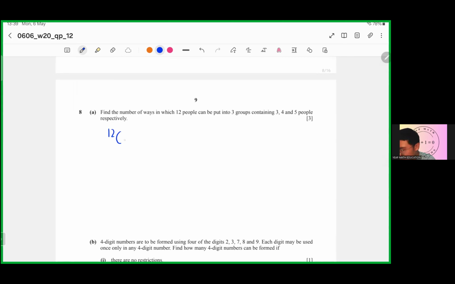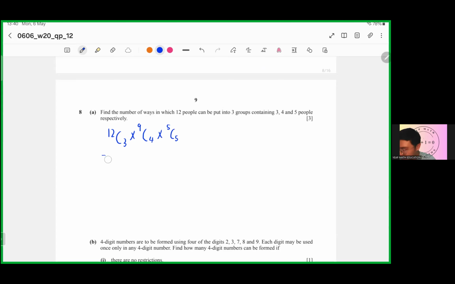Just choose 3. Then we do not take 12 again, because you already put some in the first group, so you just take 9, because only 9 people are left. So from 9 people, we randomly choose 4 people, and then multiply. 4 people are already put in one group, so just 5 people, so 5C5.